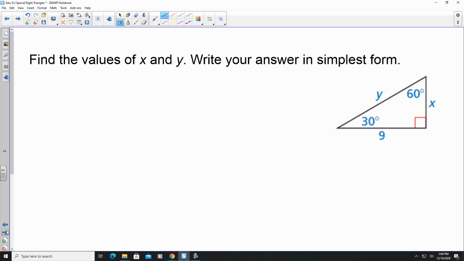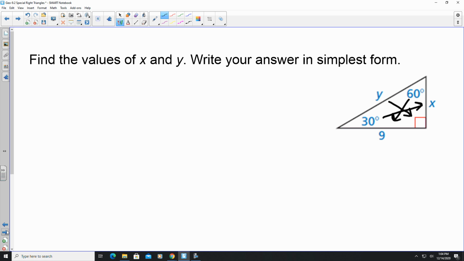All right, for this one, they want you to find the values of x and y. If you recall in the formulas, everything was derived from the side measurement opposite of the 30-degree angle. If that wasn't the case, you knew the hypotenuse was twice that measurement. Unfortunately, we have to take into account the 60-degree angle.